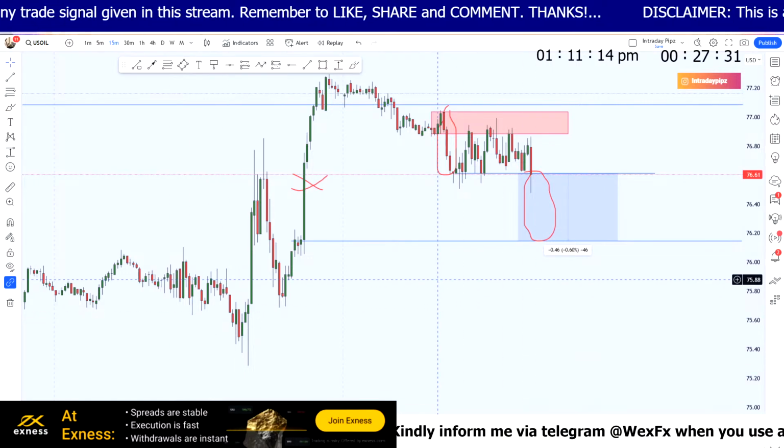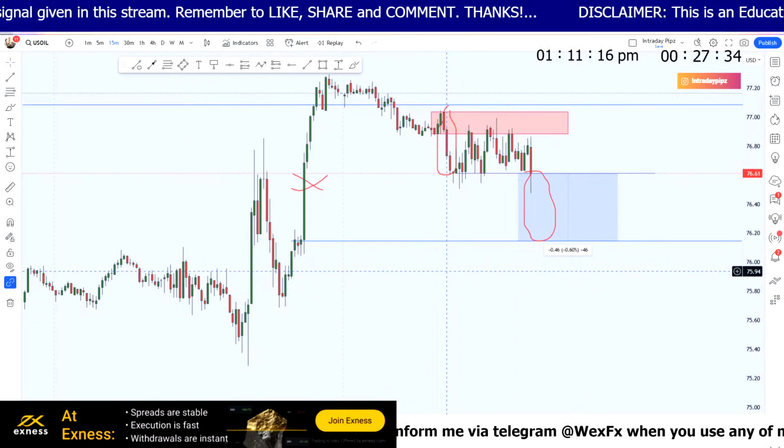So now US oil is back to the entry level.